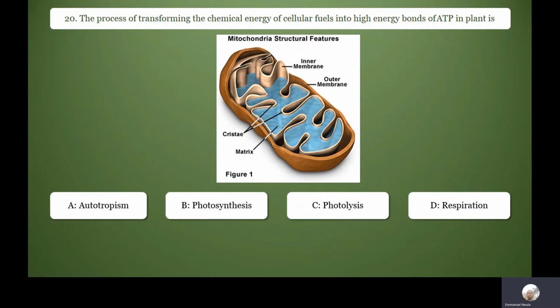The process of transforming the chemical energy of cellular fuels into high energy bonds of ATP in plants is called respiration. Respiration releases ATP, adenosine triphosphate.